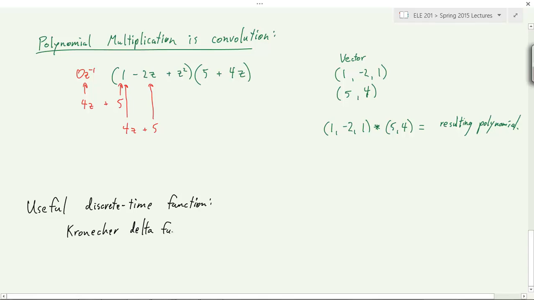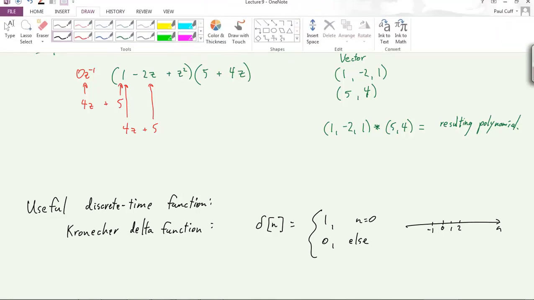It's the simplest function that you can think of. Delta of n just equals 1 if n equals 0. So it's just this thing here.